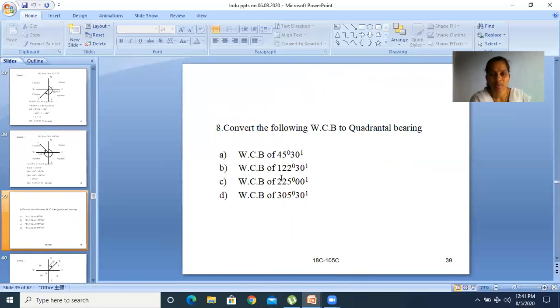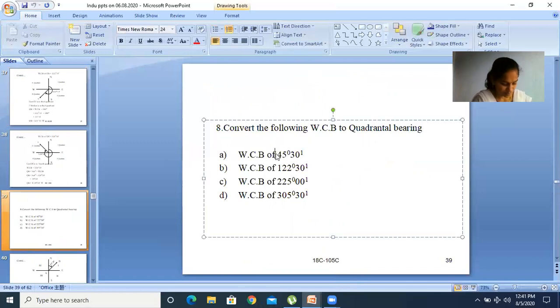This eighth sum: WCB of AB line is equal to 45 degrees. WCB of BC line is equal to this one.